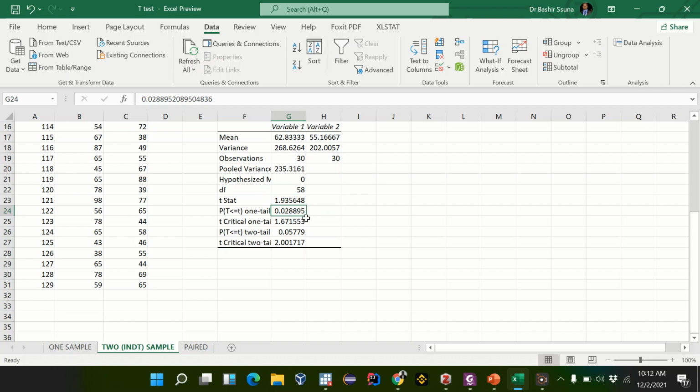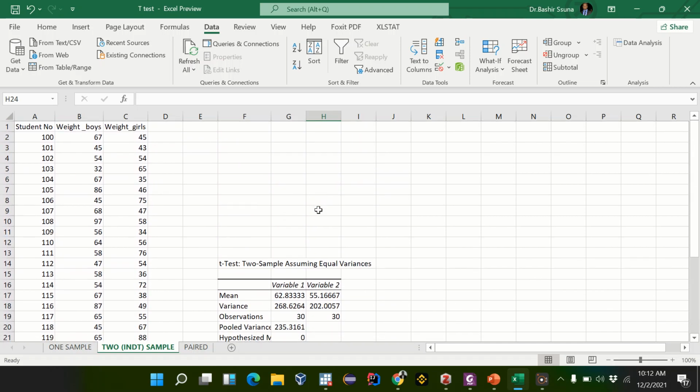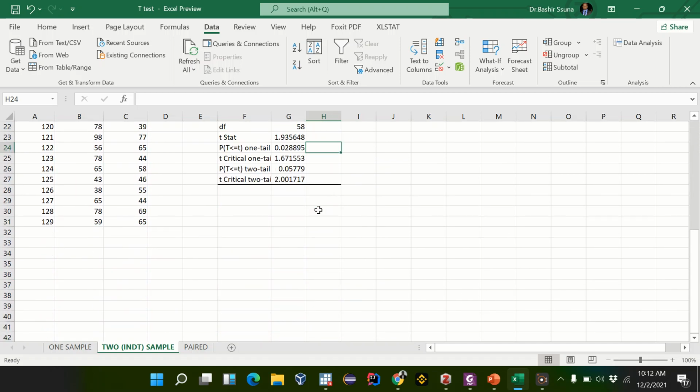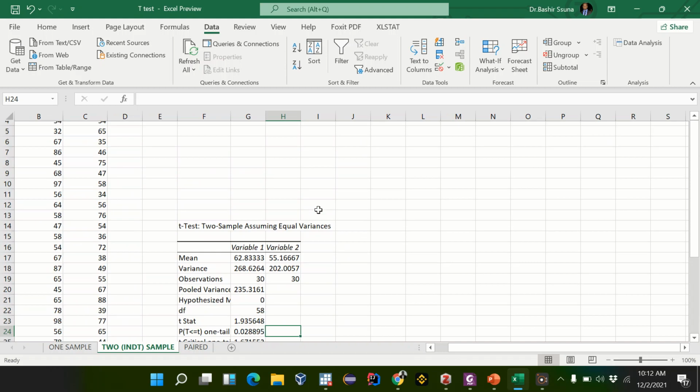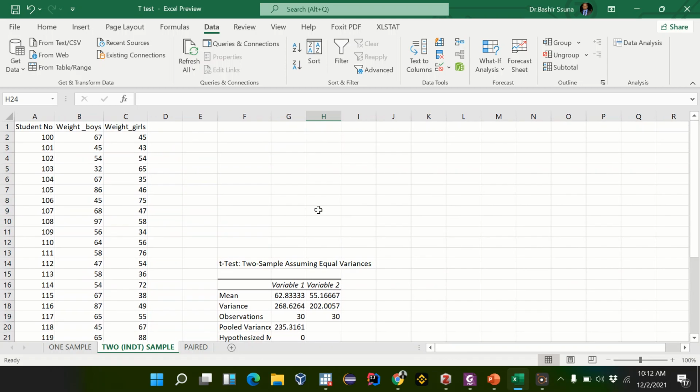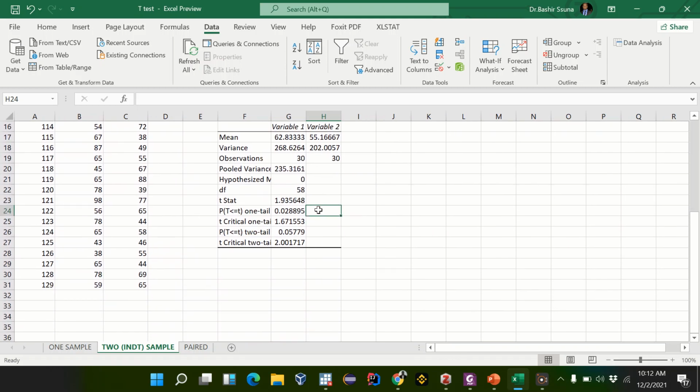Still, this is less than 0.05. So if it was one tail, if our hypothesis was the mean weight of girls could be either lower or more than for boys, then this would be statistically significant.